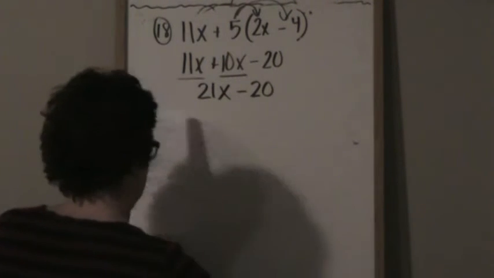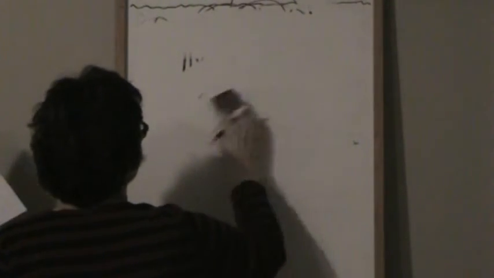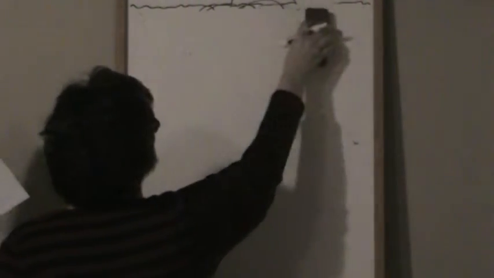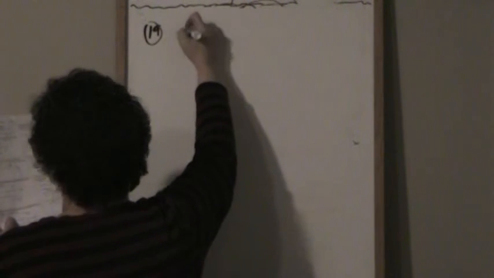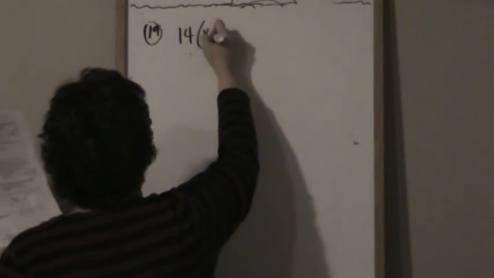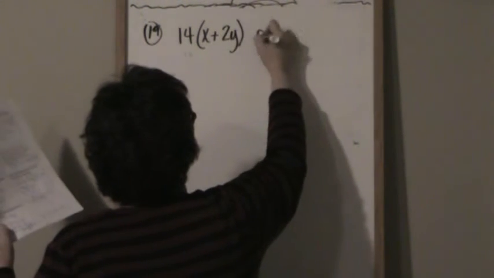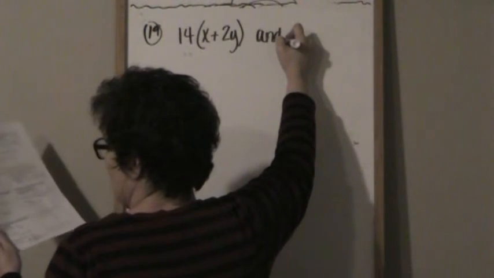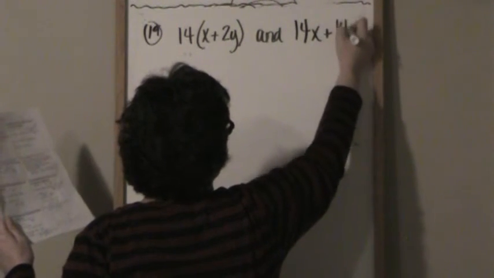Next section. Are the 2 expressions equivalent? So we're looking at 2 of them and we're comparing. This is number 19. Okay, number 19 says 14x plus 2y and 14x plus 14y.